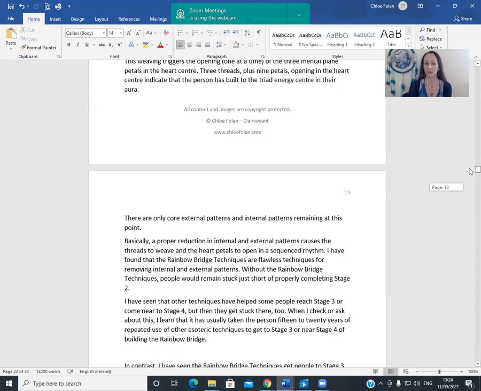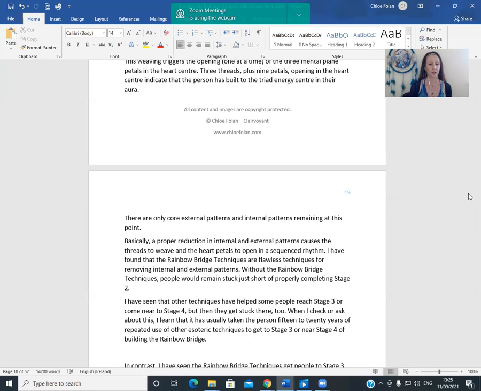The other point I would like to make is, especially when it's the Rainbow Bridge techniques that have been employed, when it comes to the external patterns, meaning the imbalanced external karma, what's left at that point is what I call core wounds, core external wounds.